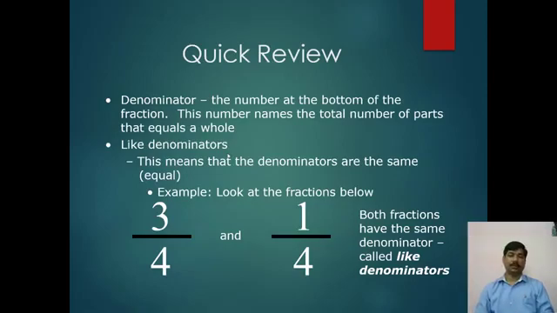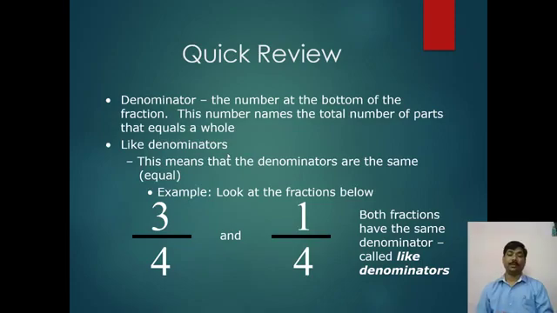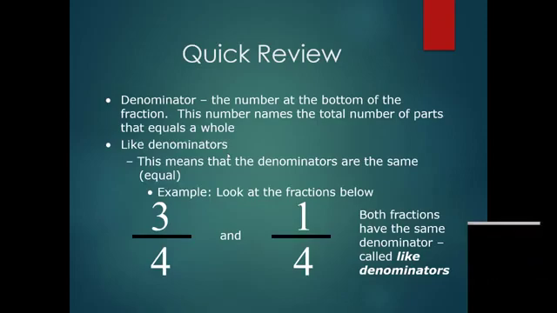For example, look at the fractions 3 upon 4 and 1 upon 4. Both fractions have the same denominator. That's why they are called like fractions or fractions with like denominators.